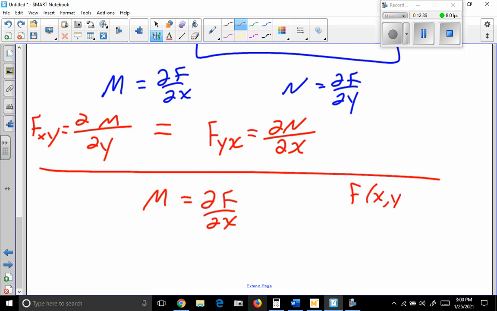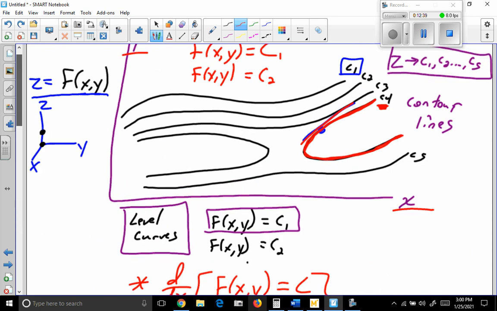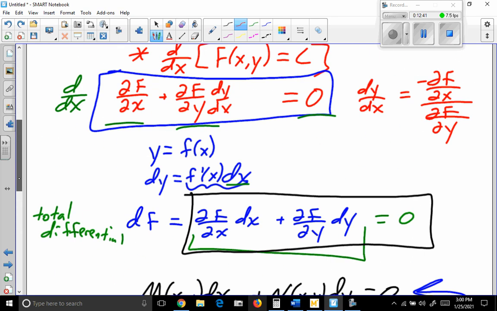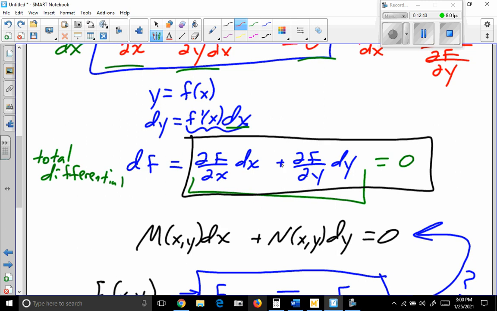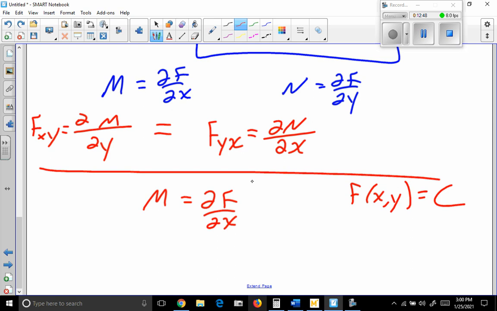We're looking for what function as a constant has this as its derivative, so we're looking for f. If we know that m is the function we're looking for and differentiate it with respect to x, then we can integrate it with respect to x. We took the derivative with respect to x. To go backwards, we would integrate it with respect to x.